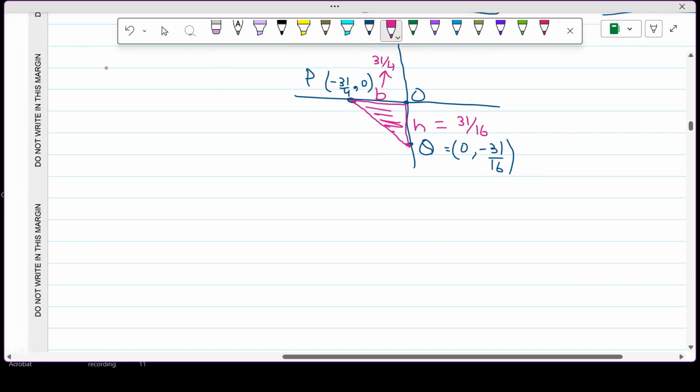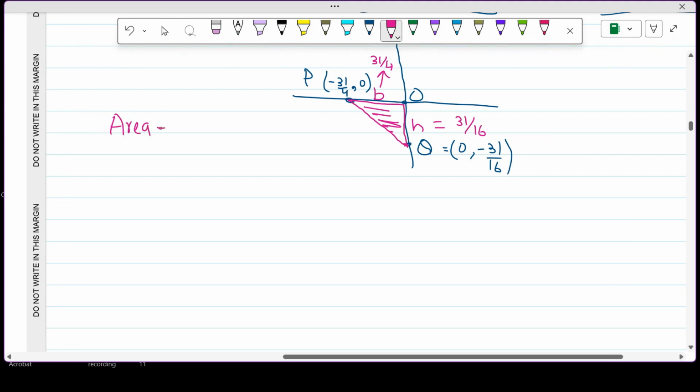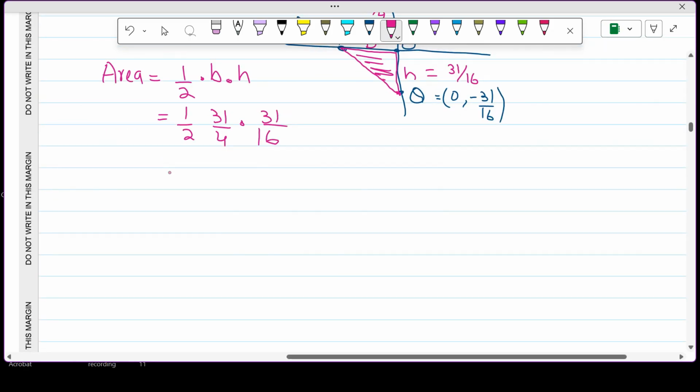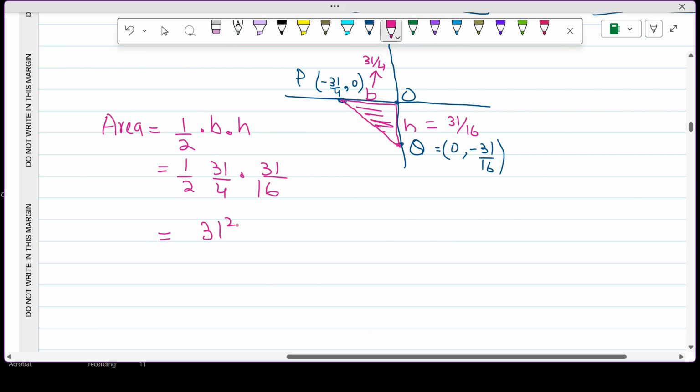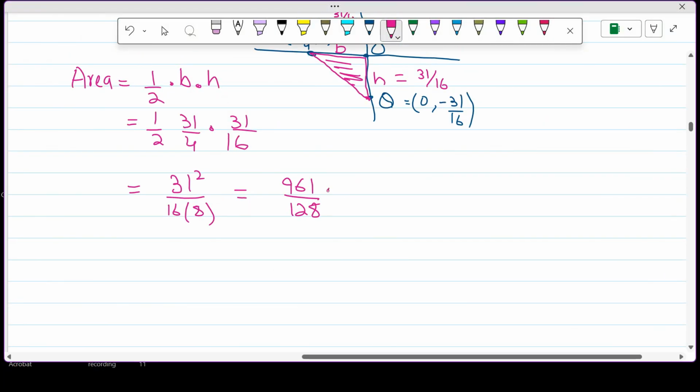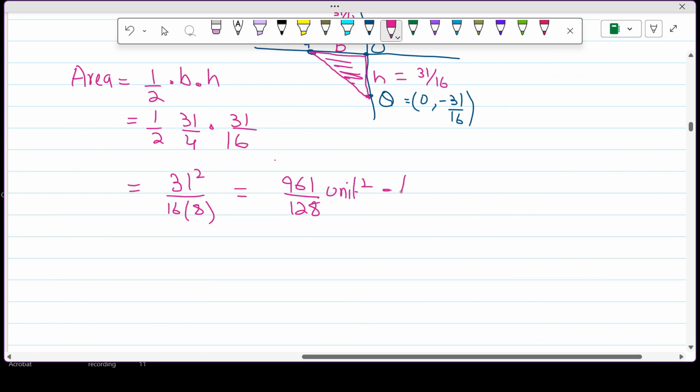So the area of the triangle is equal to half times base times height, and in this case the base is 31 over 4 and the height is 31 over 16. Further solving, we will have 31 squared over 16 times 8, and this is equal to 961 over 128 unit square, which is the area of POQ.